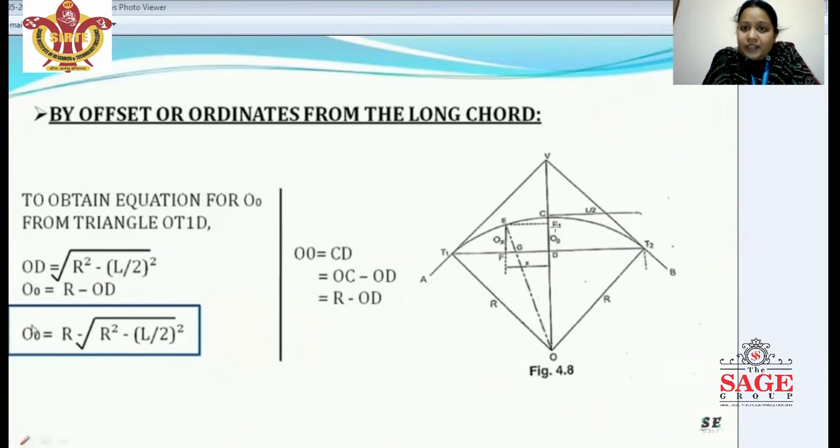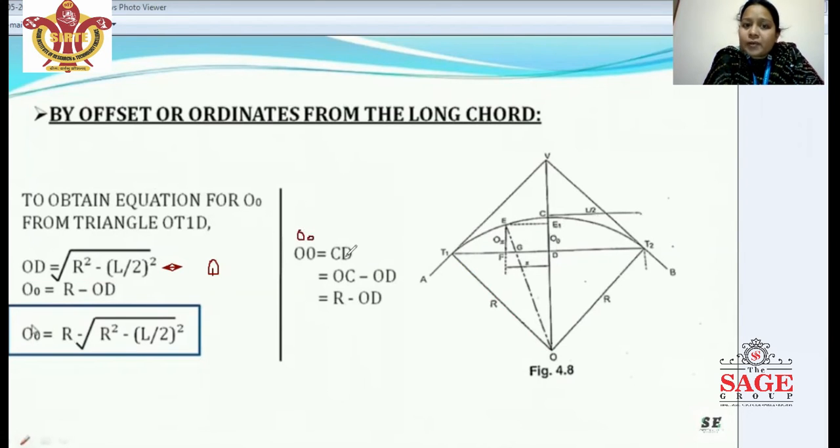Now we have the value of OD. Simply R minus, put this value from equation first. We have to name this equation first. Put this value of OD in this equation and then we find the value of CD, that is denoted by O node.